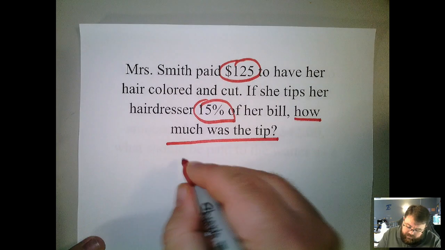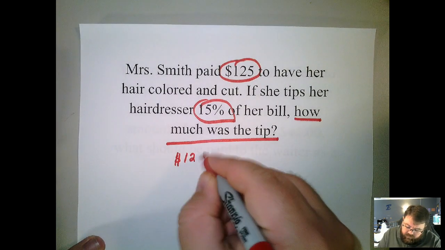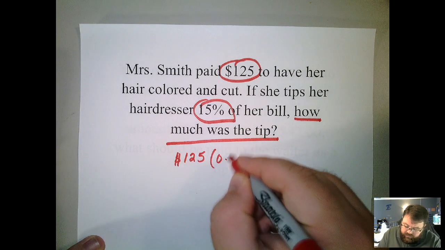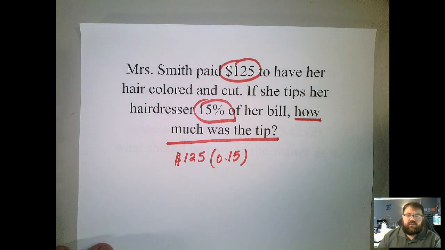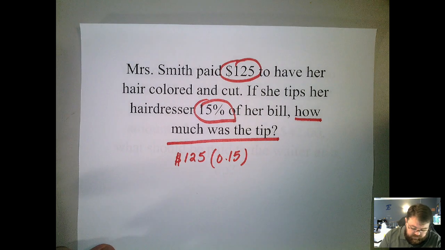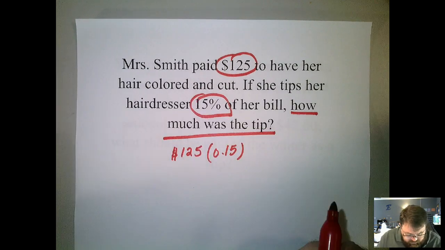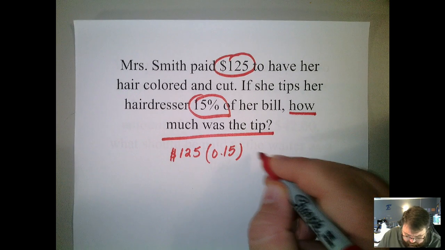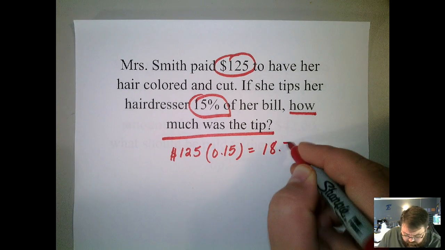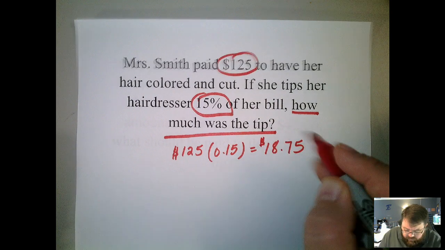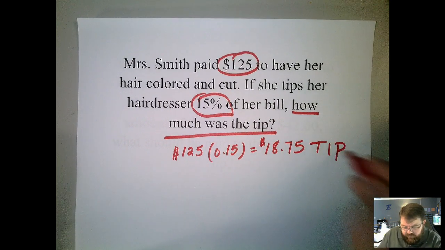All right, I'm going to take $125, multiply that by 15%, and I'm going to get $18.75 is the tip.